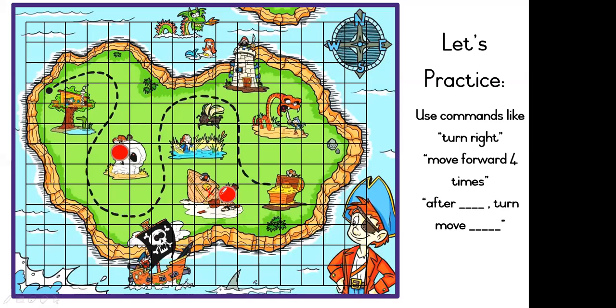You have to move forward 6 times. Okay, let's see. 1, 2, 3, 4, 5, 6. You are going to end up here. What do you want to do now?